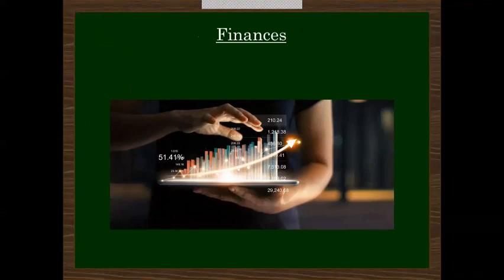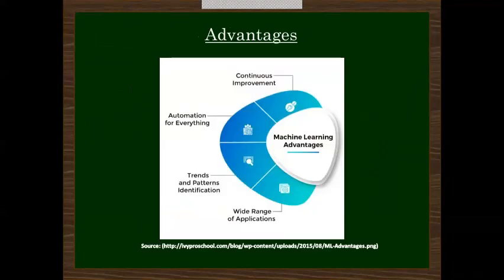Now let's see certain advantages of machine learning in today's world, as that's also really necessary. So certain advantages are machine learning can identify the trends and patterns in data very easily, which reduces manual work to a very great extent. And the ML models improve over time. So the more training we provide to the model, the better and more accurate predictions it makes.